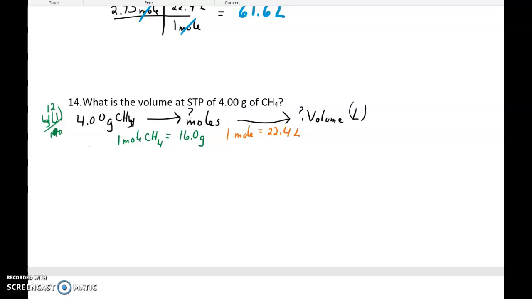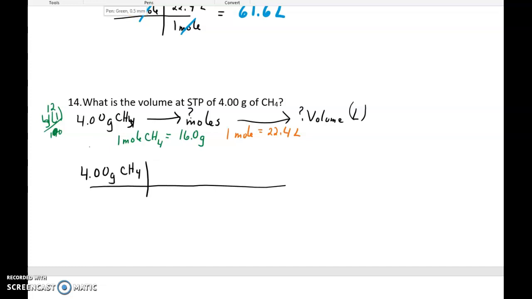So we're going to start with the number in the problem, which they gave us, that we had 4.00 grams of methane. There we go. We'll use our first conversion.